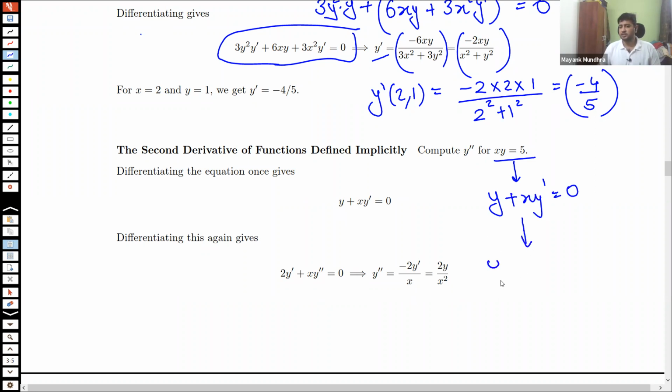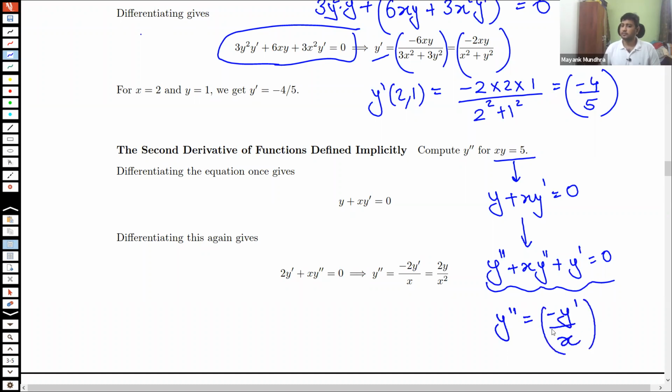So when I differentiate again, I get y prime plus x y double prime plus y prime equals 0. So this part will give me y double prime equals minus of y prime by x. And this part will give me y prime equals minus y by x.